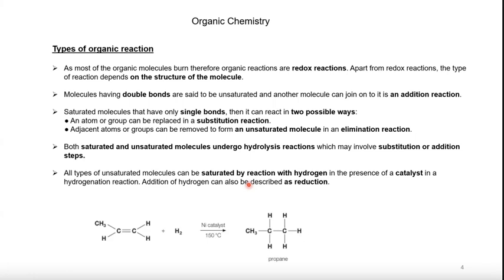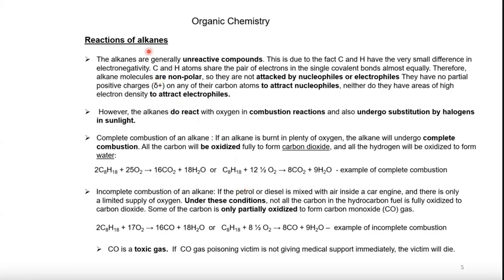So now let's say we talk about reactions of alkanes. We know that alkanes are a group of homologous compounds, and we also have the general formula of alkanes. Alkanes in general are unreactive compounds. Why?